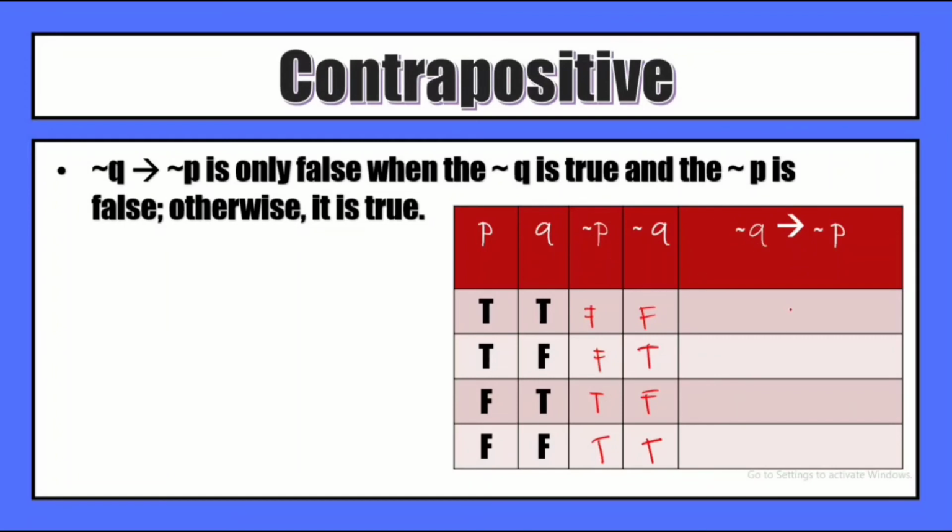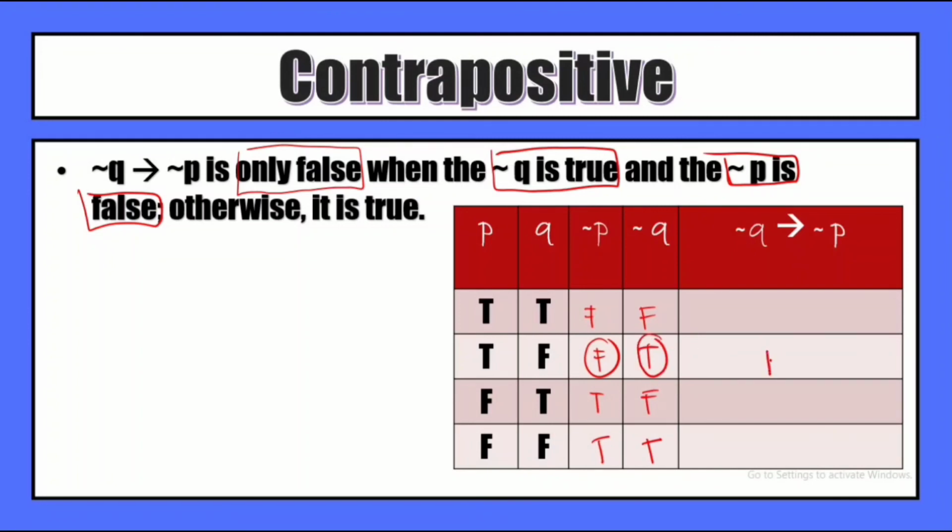Tapos, pwede na tayo magsagot or maglagay ng truth values dito sa under ng contrapositive. Okay? Sabi dyan, only false when the negation of Q is true and the negation of P is false. Okay? Negation of P is false and the negation of Q is true.